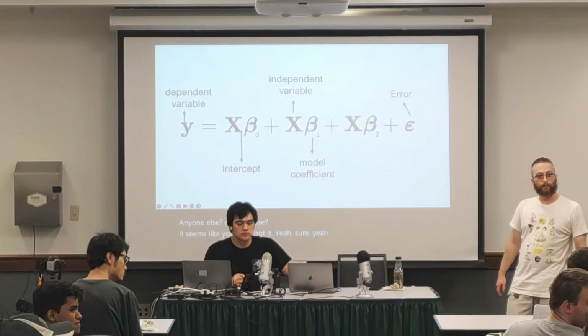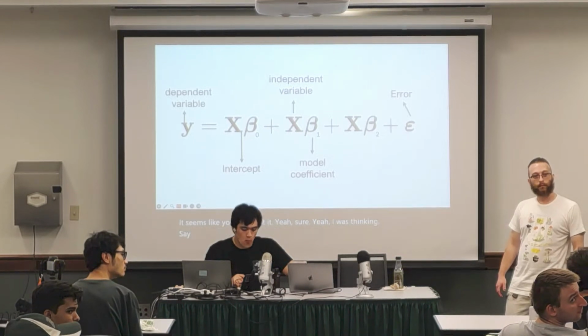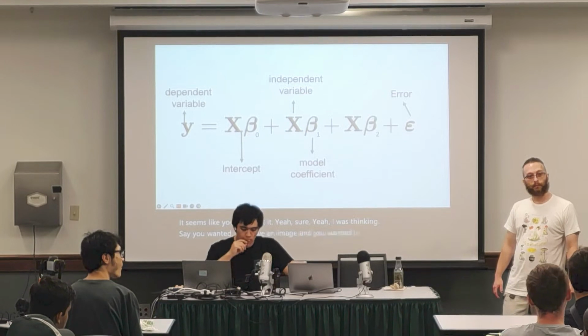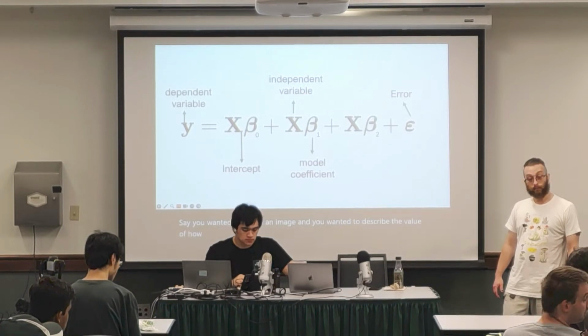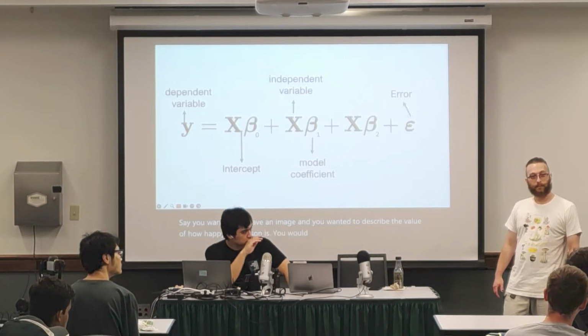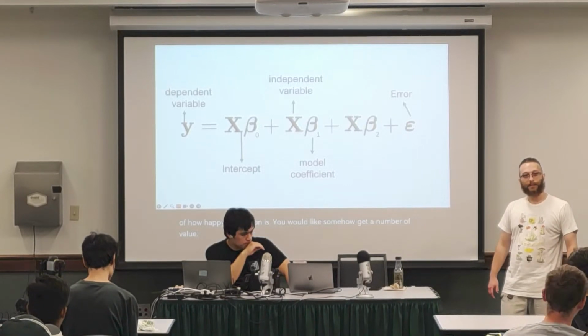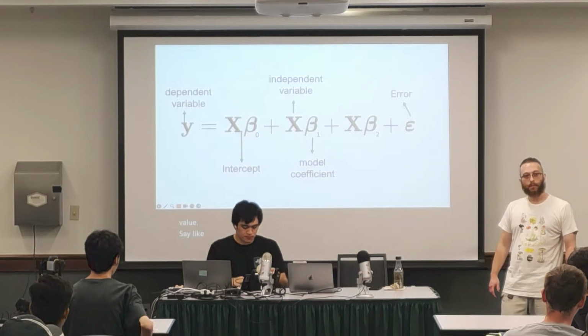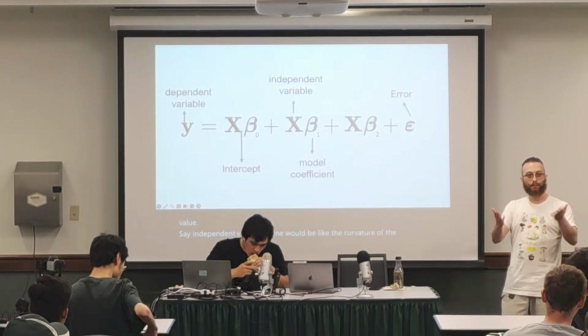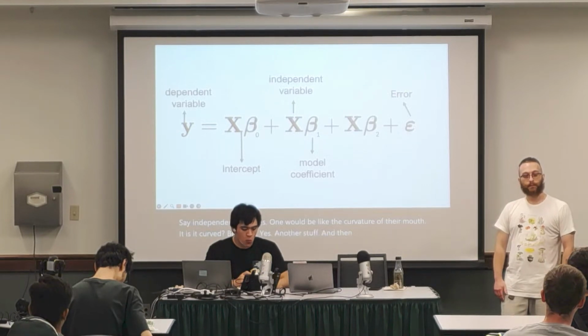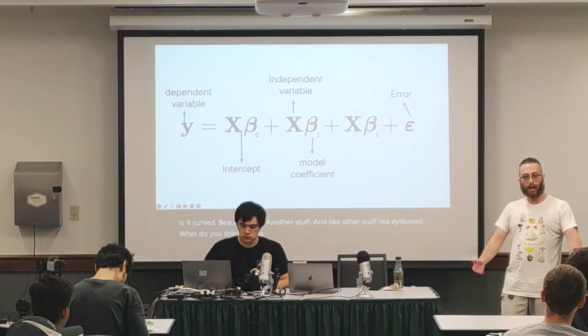I was thinking, say you have an image, and you wanted to ascribe a value of how happy the person is. You would somehow get a number value. Say independent variable one would be the curvature of their mouth. Is it curved up? Beautiful. You would ascribe a number to that, and then other stuff like eyebrows, just what you think makes a person more happy.